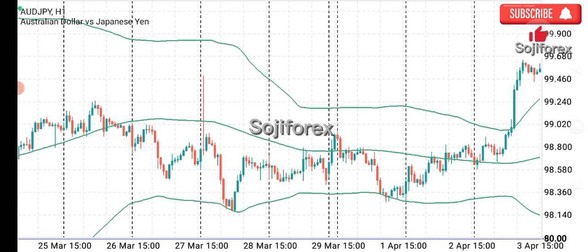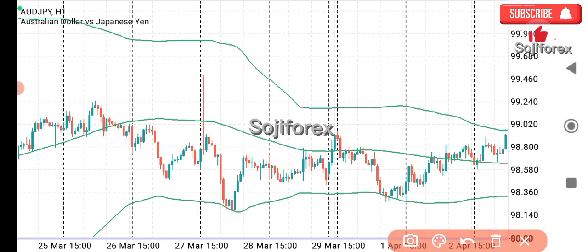M, and most of the time the first leg of the M will form from the previous day into a new day. That is one of the key things you need to take note of. The first leg of the M will form from a previous day into a new day. These dotted lines are my period separator. This was forming from another day into a new day.